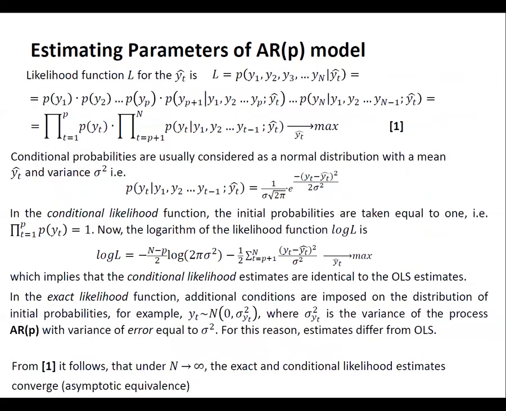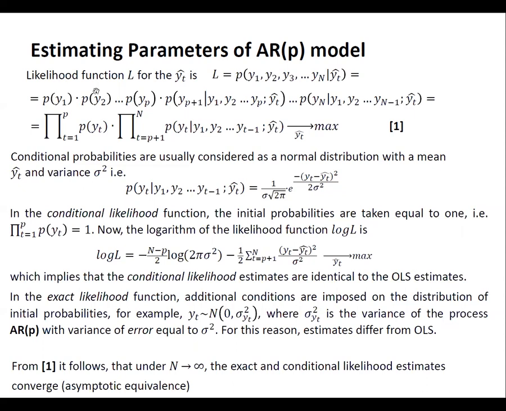In addition to the least squares method, the maximization of the likelihood function can also be used to estimate the parameters of the autoregressive model.